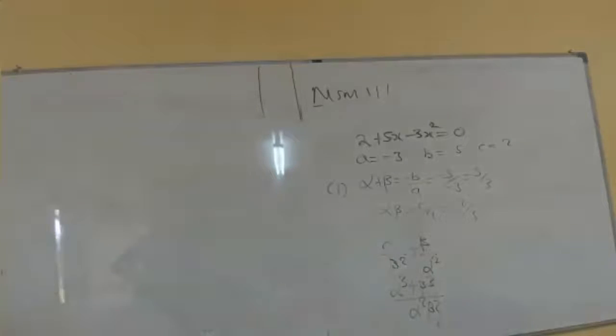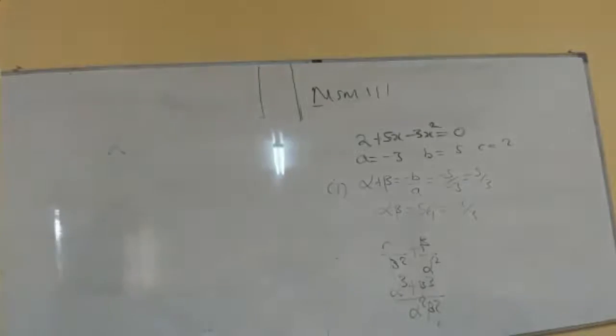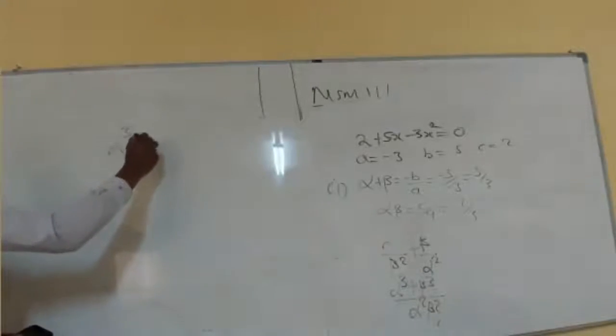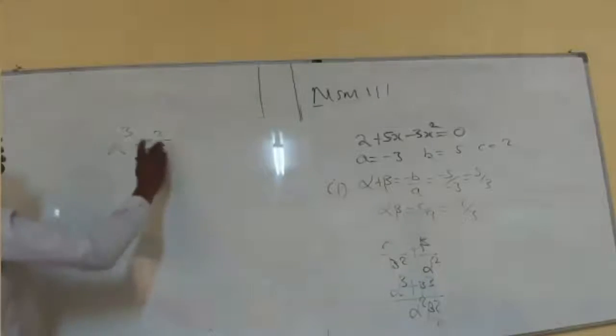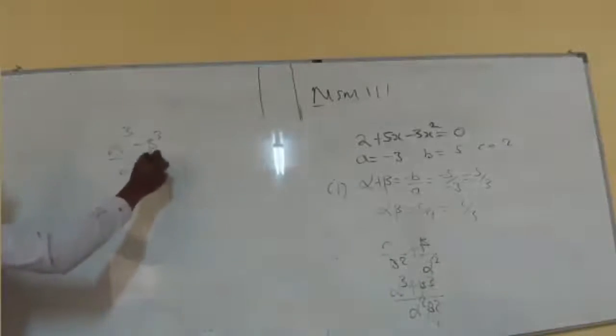Okay, then from there now, okay, so alpha cubed plus beta cubed over alpha beta, then we have squared, right?